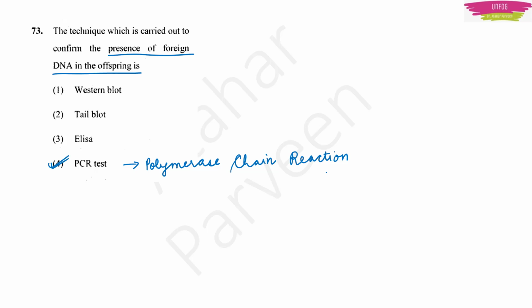This foreign DNA can be in minute, tiny amounts, right? So how will we come to know if it is present in the offspring or not? We'll make multiple copies of this DNA by the PCR test and then we can observe that there is a foreign DNA present. So the PCR test can be used to confirm the presence of foreign DNA in the offspring.